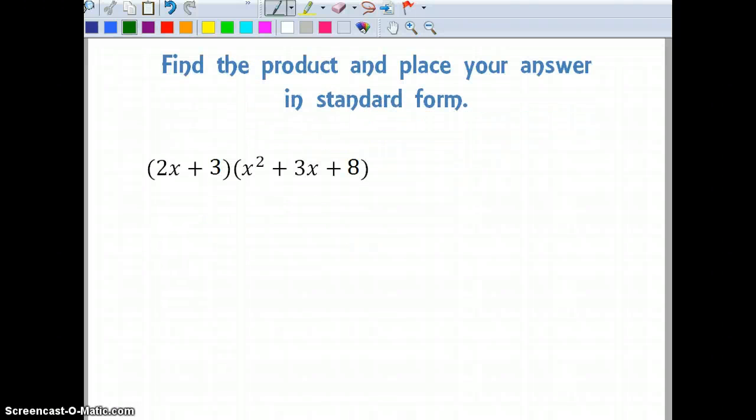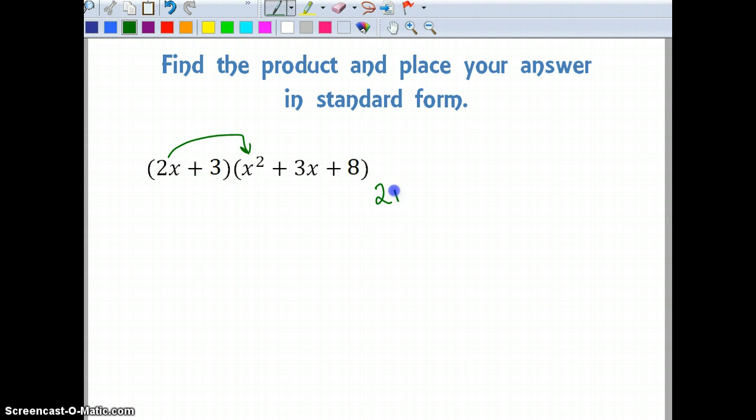Now sometimes you're going to find yourself multiplying a binomial times a trinomial, or even a trinomial times a trinomial. The process is going to be exactly the same. You're just going to need to make sure you distribute each term to the other polynomial. Now the first thing we need to do, we're just going to distribute 2x to x squared.